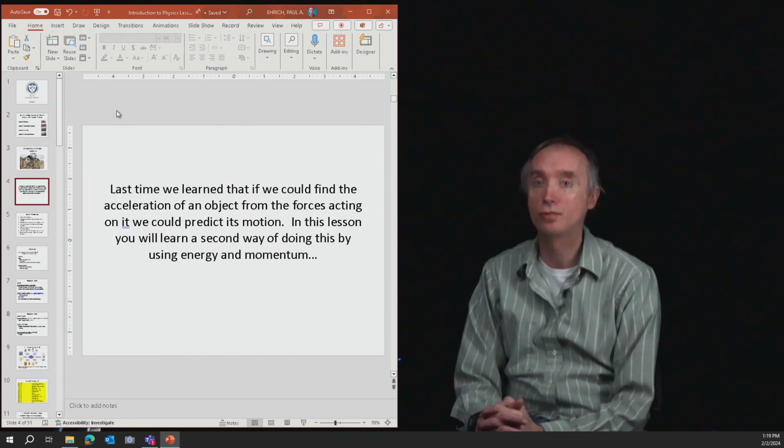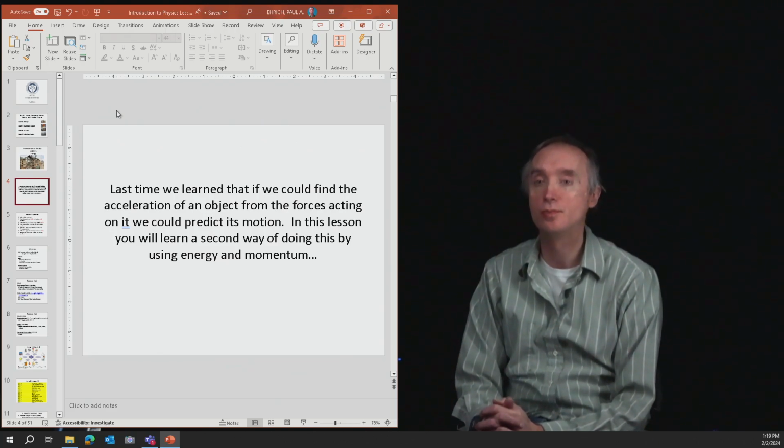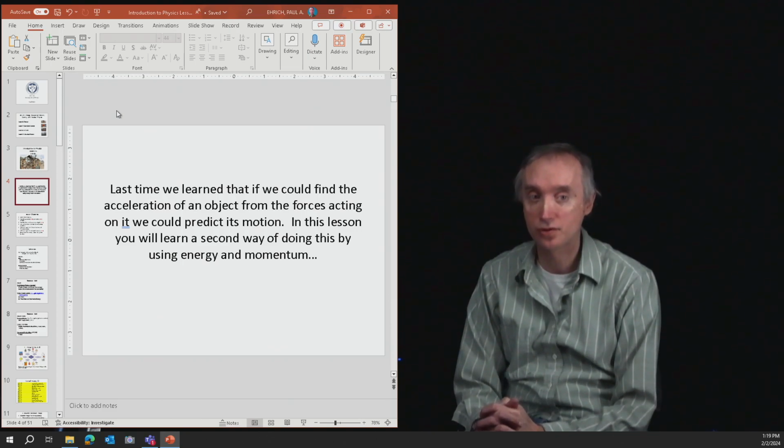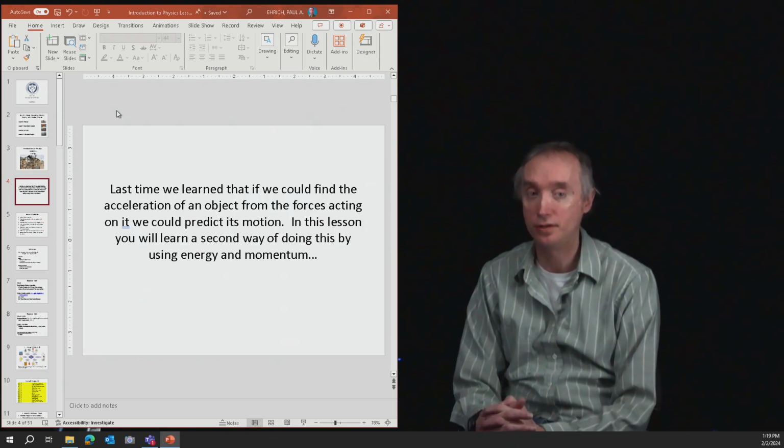You should also remember that we used the concept of force to be able to do that as well. And then we also learned how to use momentum in order to predict the motion of an object. Well, now we're going to learn how to use energy to predict the motion of an object.